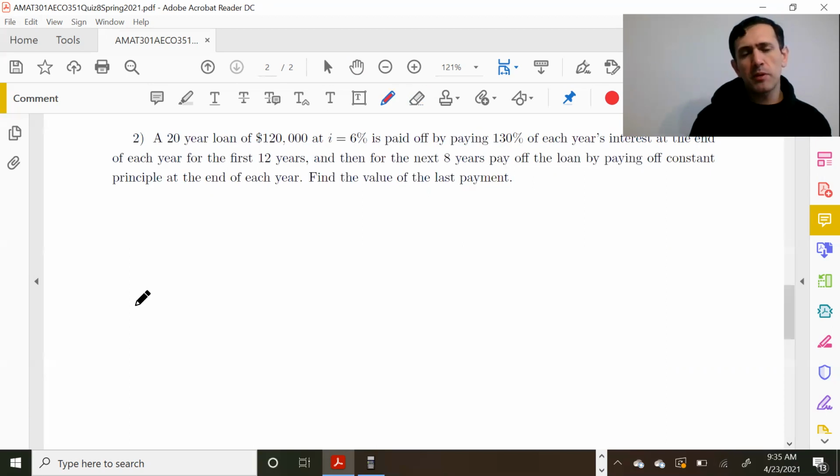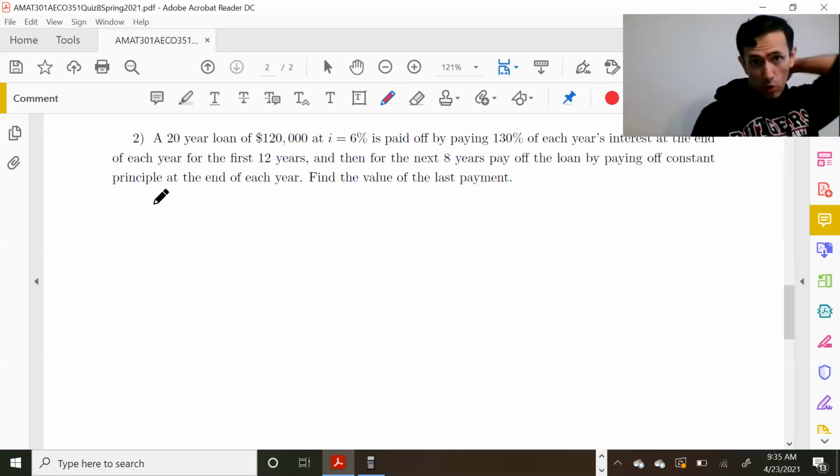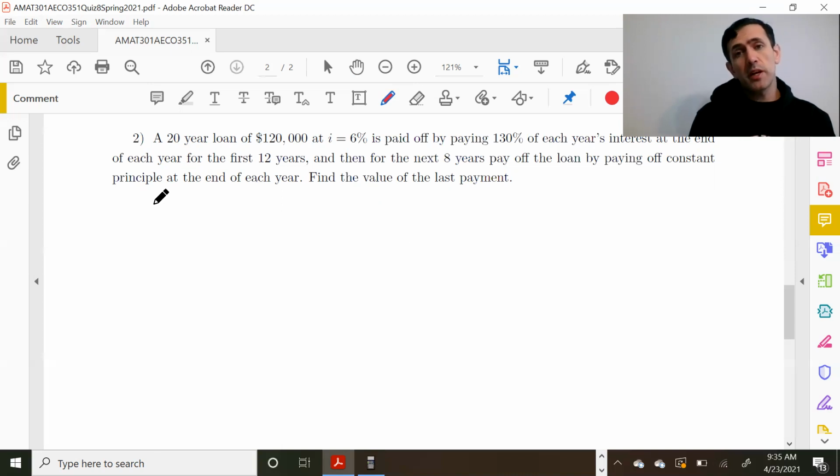And definitely, if I put something like this on the exam, I'm going to maybe make it a 20-year loan with monthly payments, and I want to see the work. If you're going to do it by hand, I want to see the arithmetic for every single payment that you make. The point being, don't do it by hand.